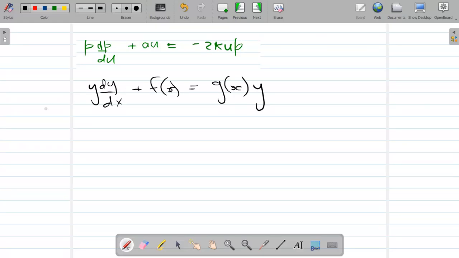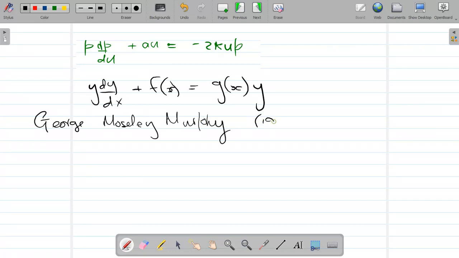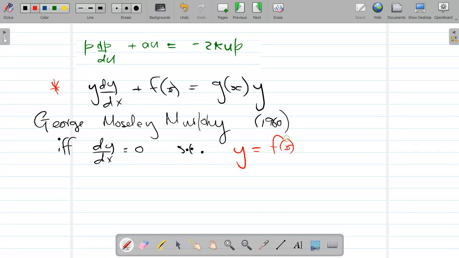And George Moseley Murphy in his book of 1960, which is currently in print, it's currently being reprinted, says that if, I think it's if and only if, dy by dx has to be equal to 0 such that a viable solution to this equation is, I'll keep it in red, y equals f of x over g of x, right?